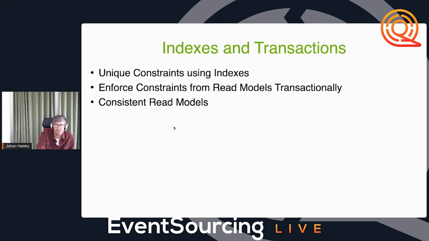For example, if you have a use case where a manager can only administer one particular account at a time, you can enforce that by using transactions. And using transactions, you can also get consistent read models. And I think this actually works pretty well in my experience.